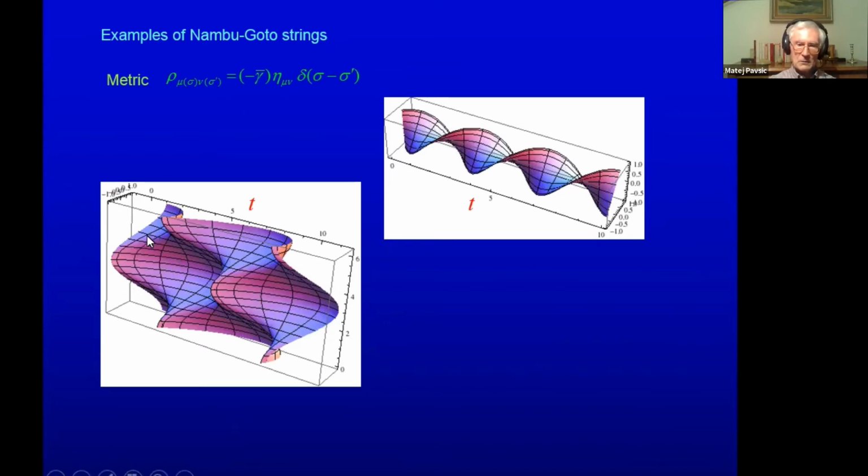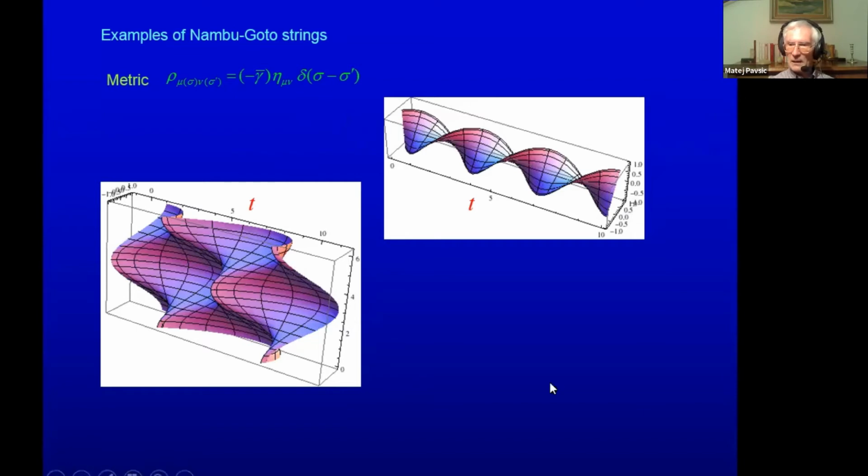So here are two possible cases. The string is this one here, but if the string moves, it sweeps or traces a worldsheet. Either this, or here the string is rotating. So the usual Nambu-Goto string is, within this model, a particular case for a particular choice of metric.